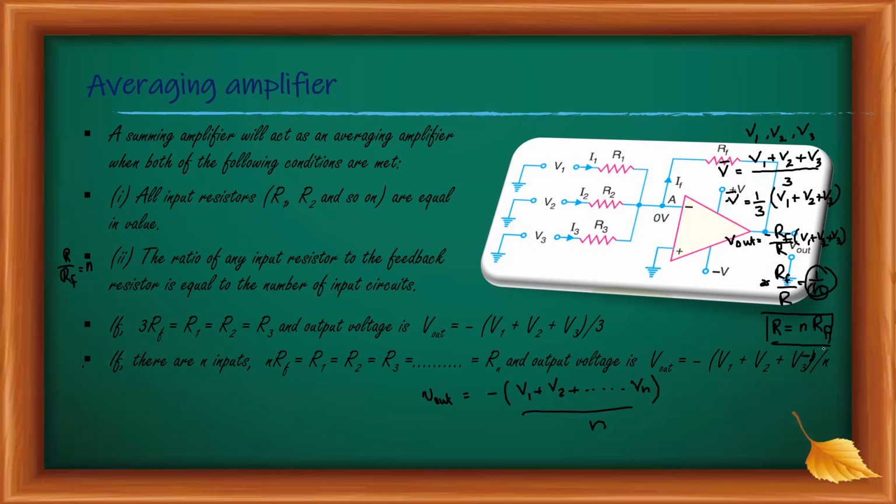So V out is equal to the average, but with a negative sign. The negative sign indicates the phase reversal.